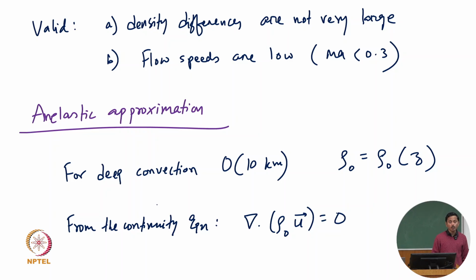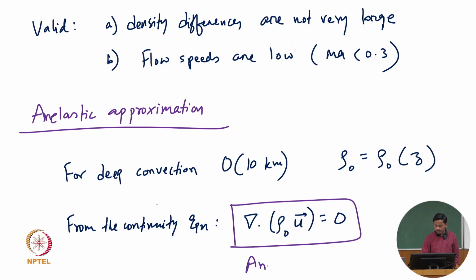Remember, we had thrown away the rho naught term, but now we are keeping it. This is the continuity equation under the anelastic approximation.